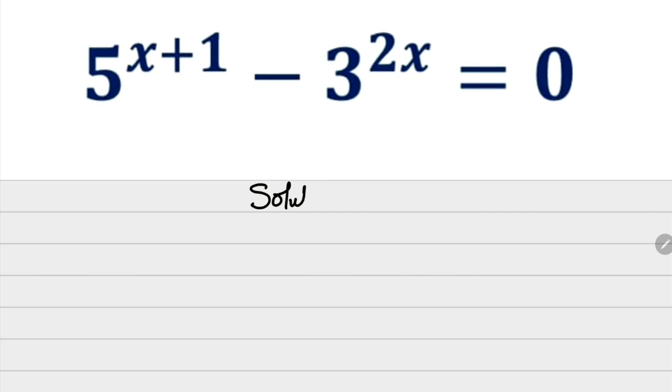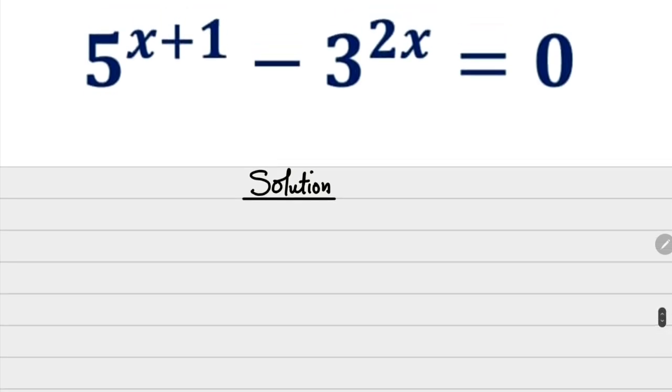I'm going to be solving this exponential equation. Now, how do I start this? Okay, I have 5 raised to power x plus 1 minus 3 raised to power 2x is equal to 0.